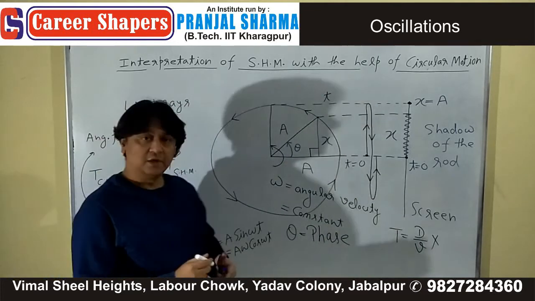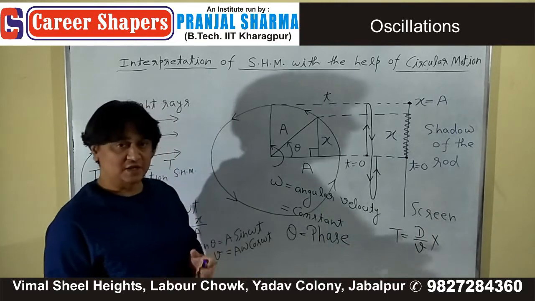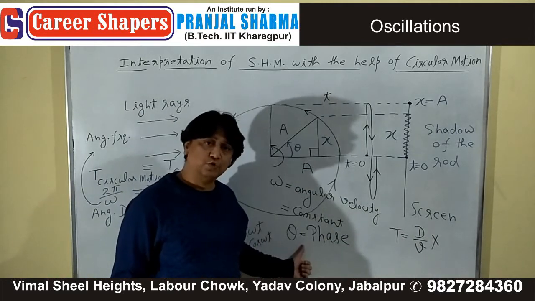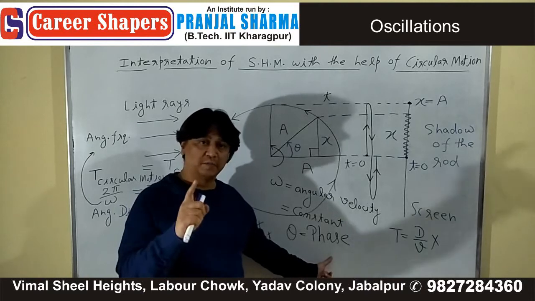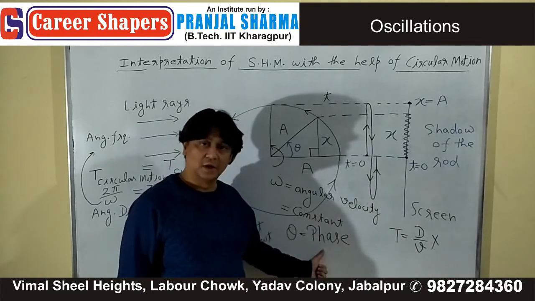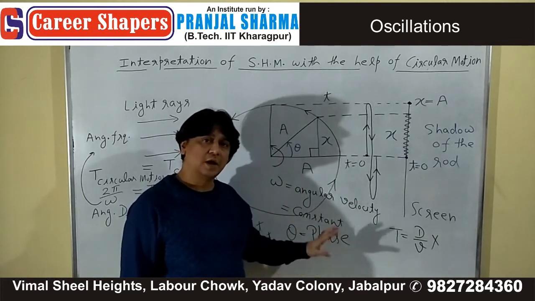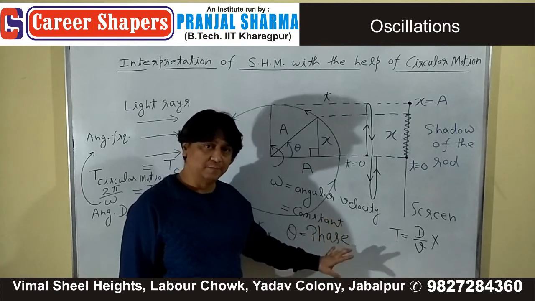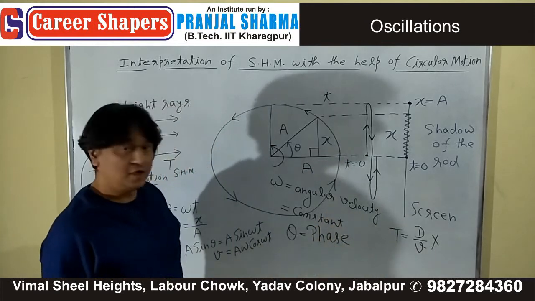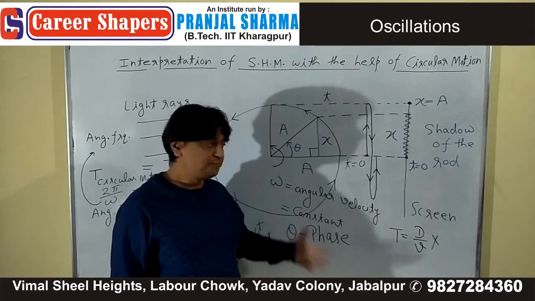What is theta? Theta is angular displacement for circular motion, but for S.H.M it has a new name, which is what? Phase. That means once you are looking for phase, keep this in your mind that phase is nothing but angular displacement.